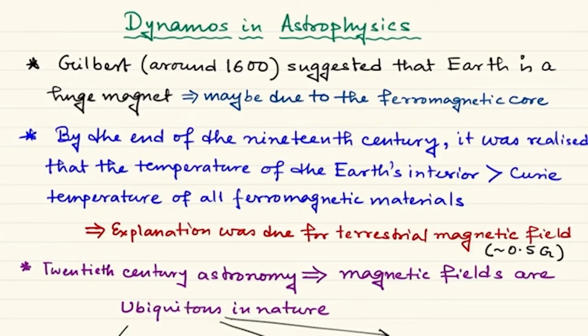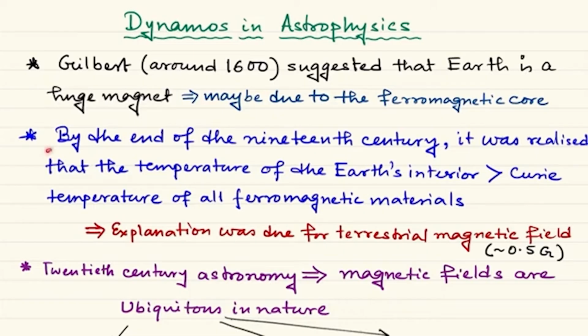At the very outset people thought that the Earth's core consists of nickel, iron, this type of ferromagnetic metals. So due to this ferromagnetic core, maybe we can have this magnetic property. At first hand it looked very reasonable.